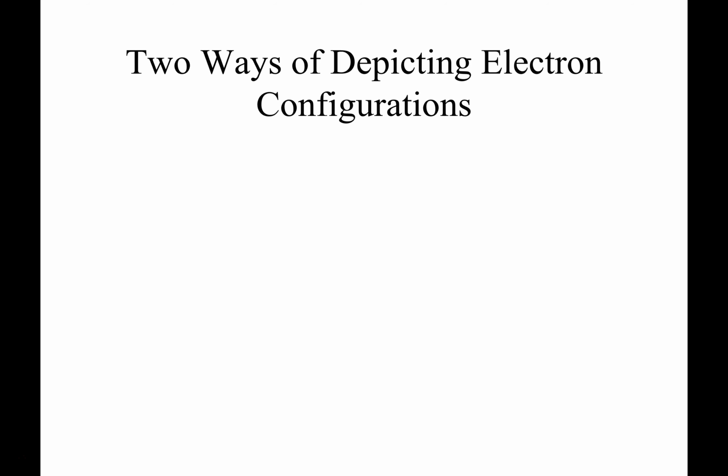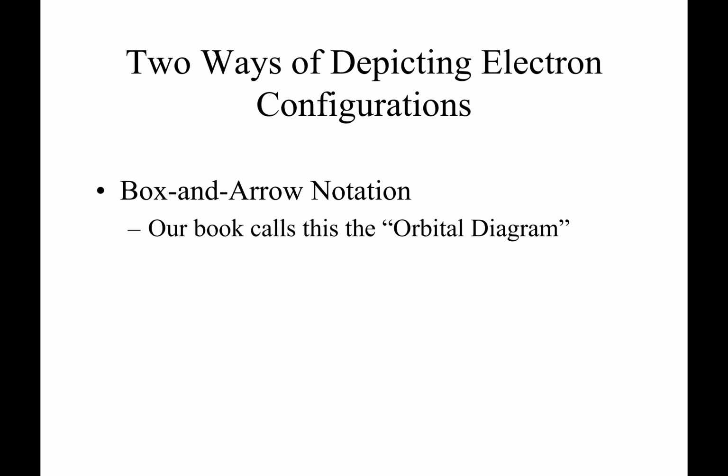All right. So hold that thought. I'm going to come back to what's called an arrow diagram to show you how you know which energy level is going to go next. But before that, I need to talk about the 2 ways that we say how electrons are configured around an atom or an ion. We can represent them either with box and arrow notation.